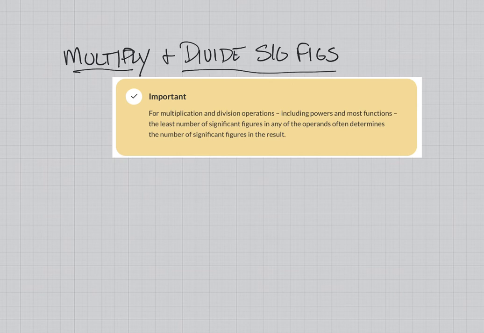So if we were to take a number of 2.4 and multiply that by 3, okay, what would we do there? If we were to simply multiply it, we would have a value of 7.2.